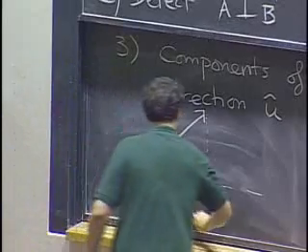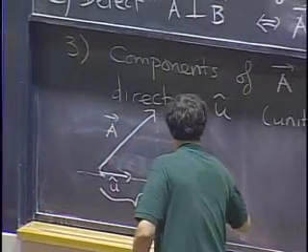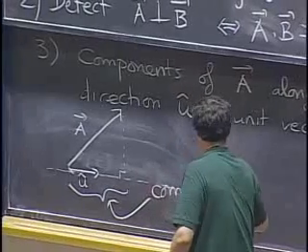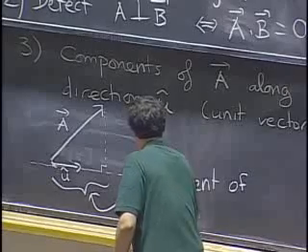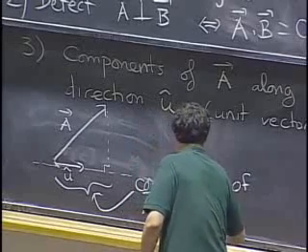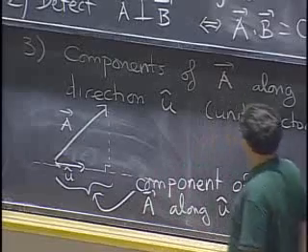Okay, so this thing here is the component of A along U. Well, how do we find that?